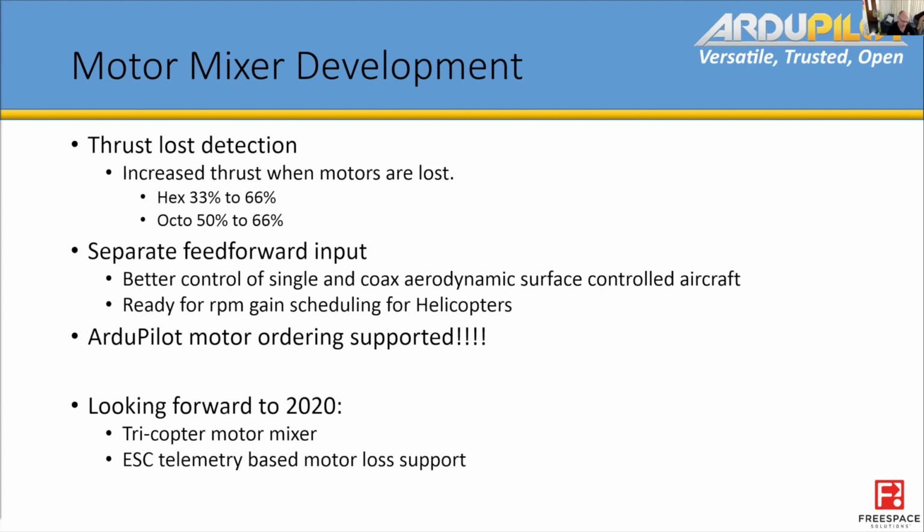So literally the hex's thrust doubled in the motor out situation. That 33% figure is the reason why hexes drop out of the sky. Even if they don't tumble, they lose altitude when they lose a propeller if they are relatively heavily loaded. With the octos, we went from 50% up to 66%, but that makes a big difference, especially on a low battery.